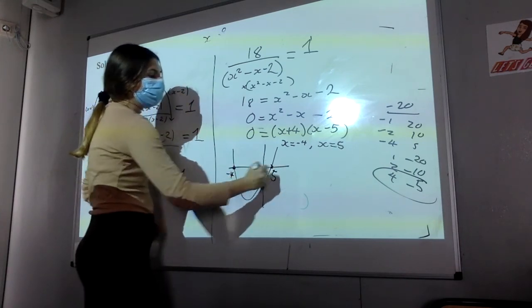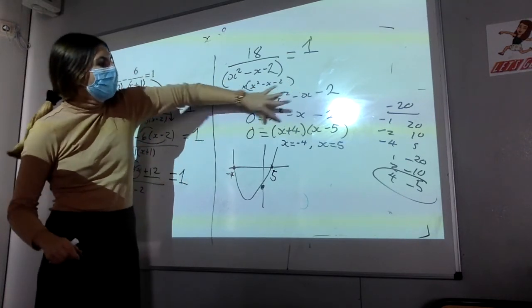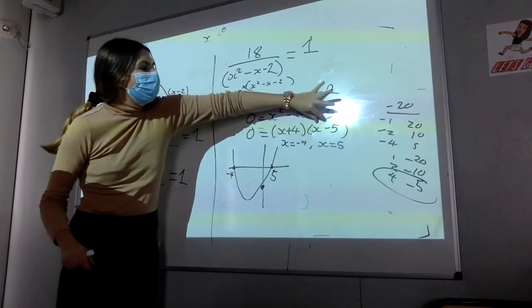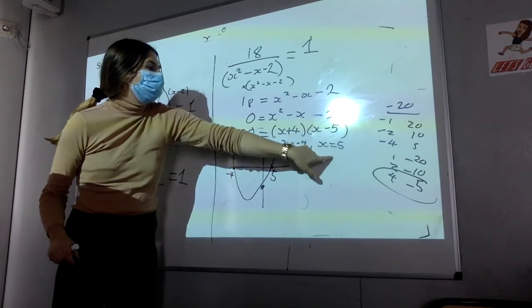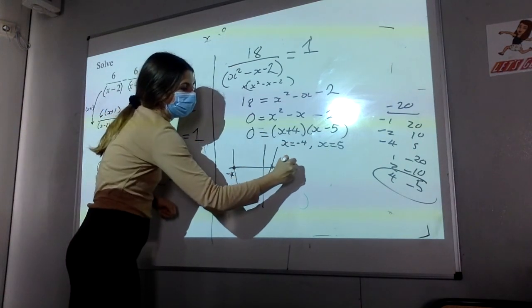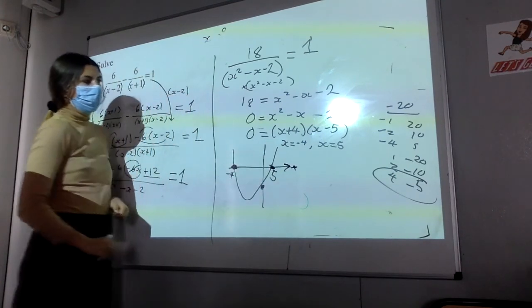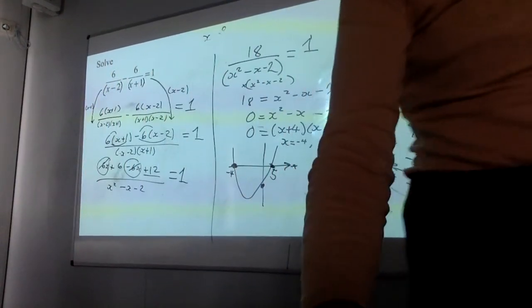And the reason why this works is because we want either this bracket to equal 0, and if this bracket equals 0, x is equal to minus 4, or this bracket is equal to 0, and if this bracket is equal to 0, x is equal to 5. And the reason why this links with the graph is because this represents where x is 0, where it crosses the x axis. That's very complicated, but I reckon some of you might be able to have a go.